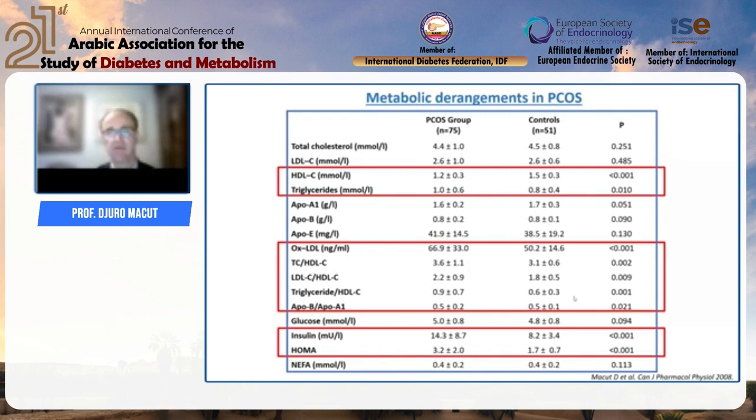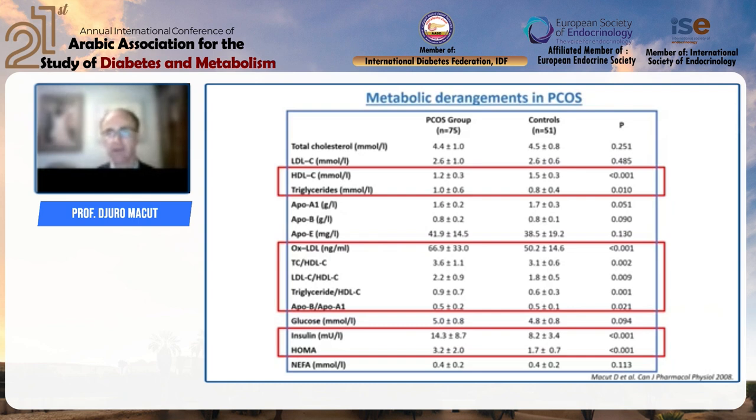If we also look at the lipids and lipid indexes, we can see that triglycerides start to be elevated and HDL decreased, but more importantly, oxidation of LDL is an important marker with PCOS, meaning that they are prone to develop atherosclerosis and are considered a pro-atherogenic condition.